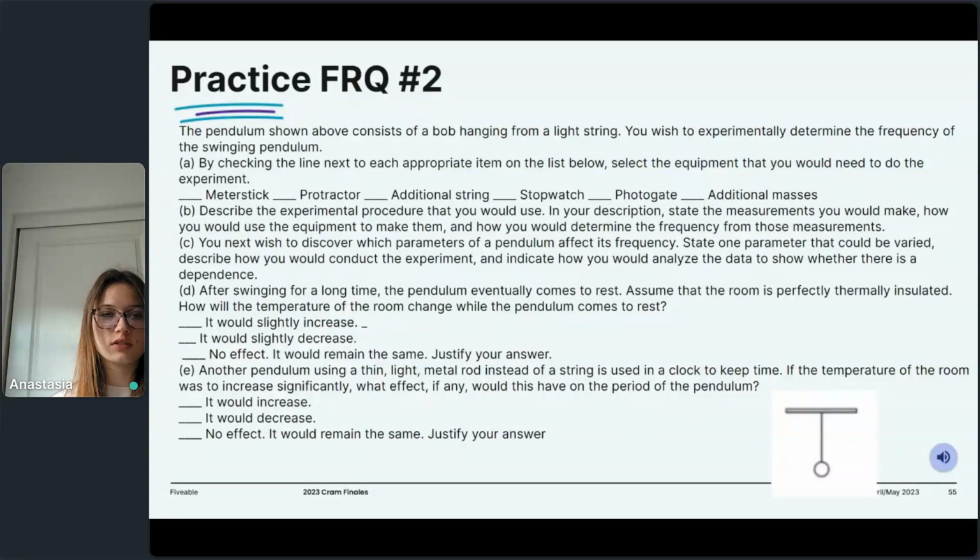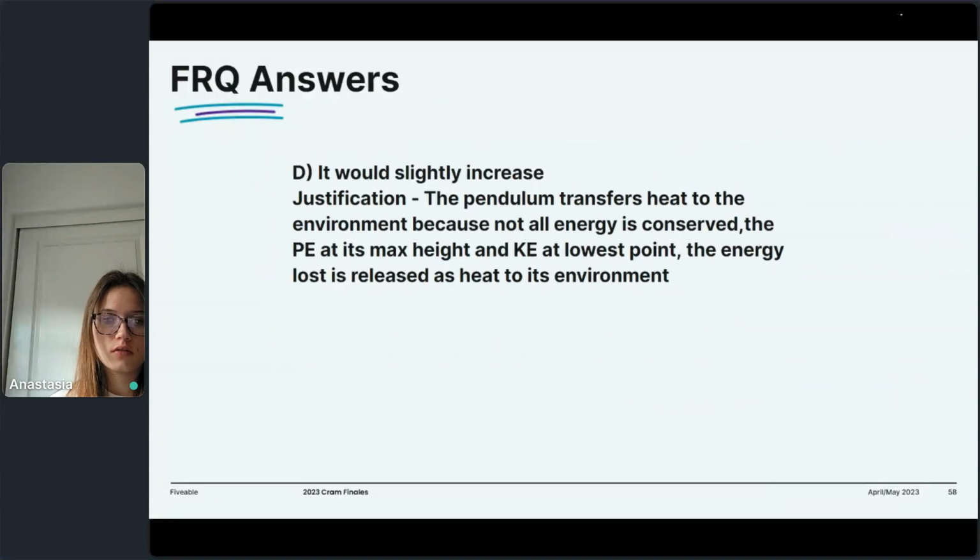So always make sure to read it and justify it. All right, let's move on to D now. The answer. There we go. Yes, it would slightly increase. You'd have to write your justification, which is that the pendulum transferred heat to the environment because not all energy is conserved.